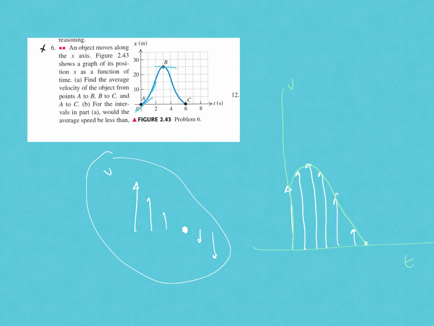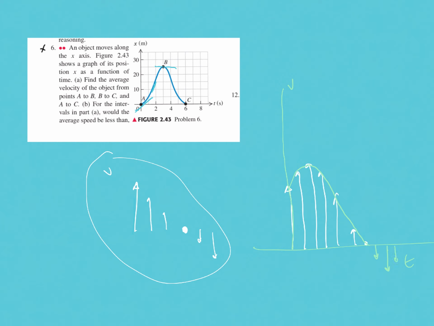Okay, and now in this graph, the slope becomes negative, so it will be a negative slope. Later on will be the maximum slope.